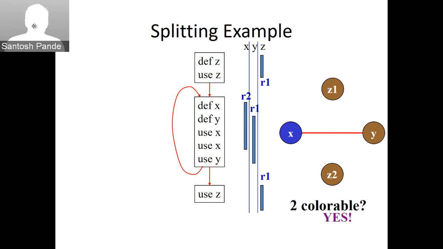So we give R1 that register, then we do a store on it, we save Z in the stack, and then we use R1 for Y, and then once we are done with the loop, we restore Z from the stack into R1 and use it, and that's how this solution works. So splitting helps, that transforms the graph and helps us to avoid spills.